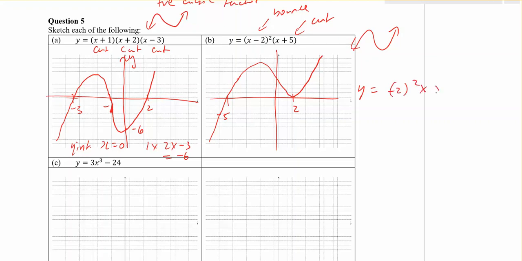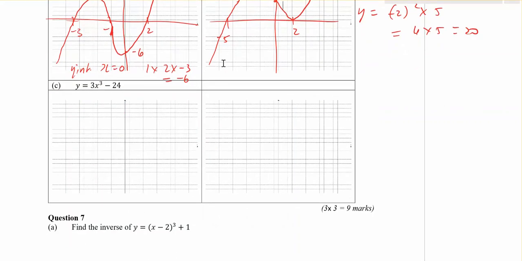Part C. This is just a cubic graph that's been dilated and moved down 24. So really simple. It's a SPLOI graph. Your point is at -24 because it's moved down 24, like a quadratic that's moved down 24. And your SPLOI is going to look like something like this.